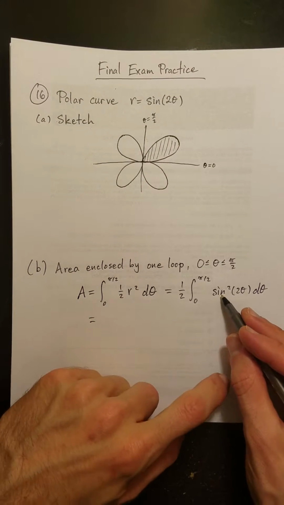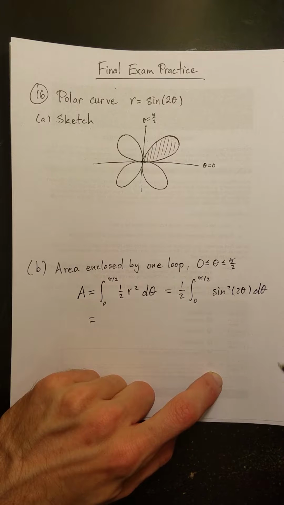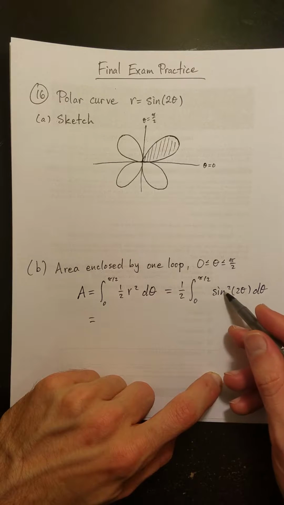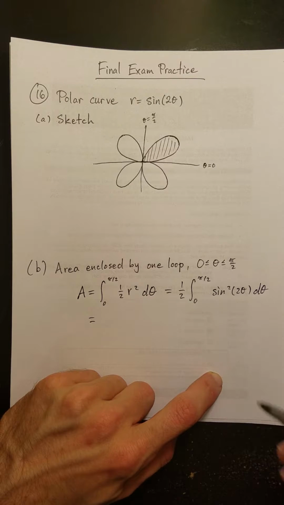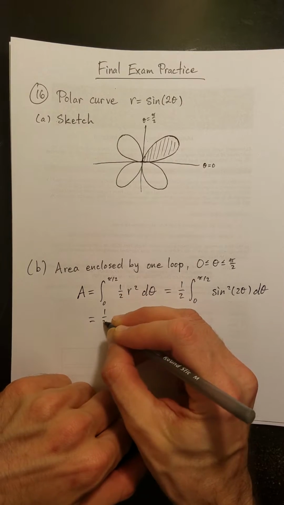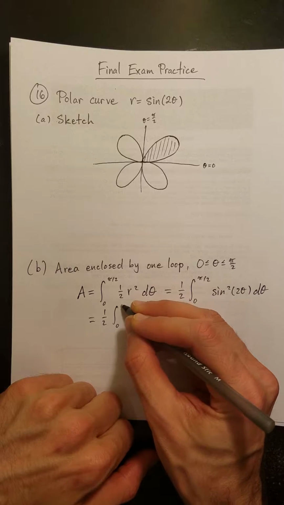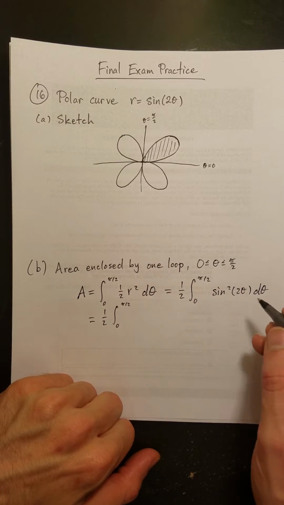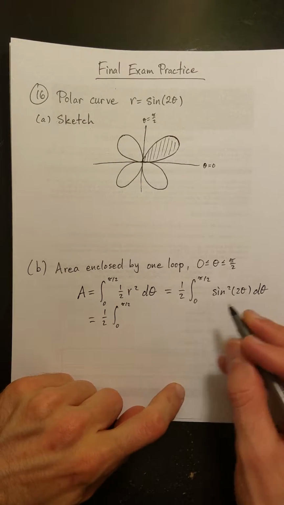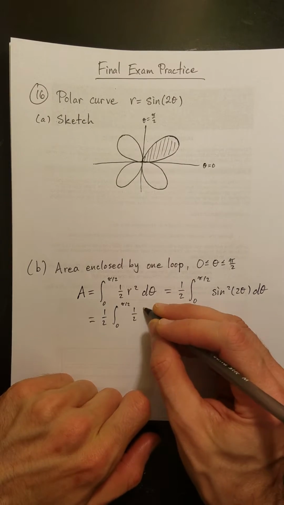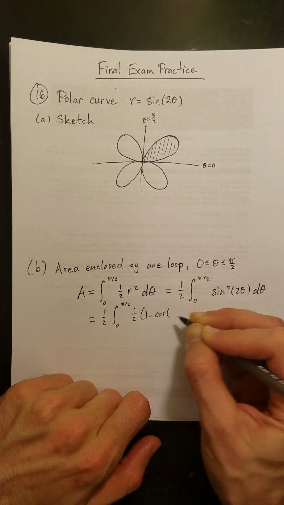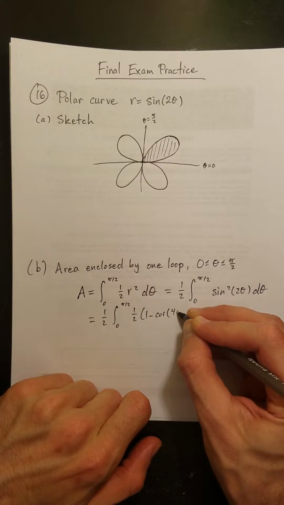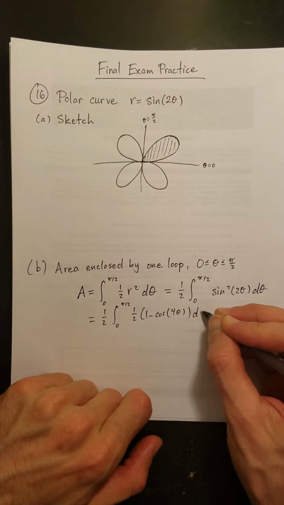Every time I see an expression like sine squared of anything, I'm going to reduce this power of sine using my half angle formula. So this will turn into 1/2, integrate from 0 to pi over 2, 1/2 times 1 minus cosine of 2 times the argument, so that's 4 theta, d theta.